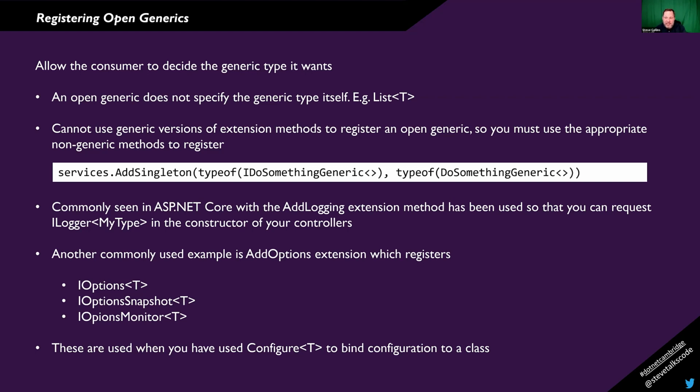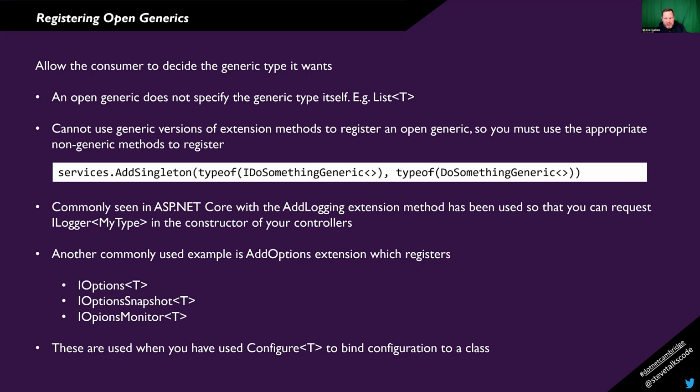Behind the scenes, the container makes use of the MakeGenericType method on the Type class to create the closed generic type, for example, DoSomething of string. It then uses that type with a bit of reflection magic to create the closed generic type to return to the caller. If you have not moved to .NET 5 yet, there is a gotcha.